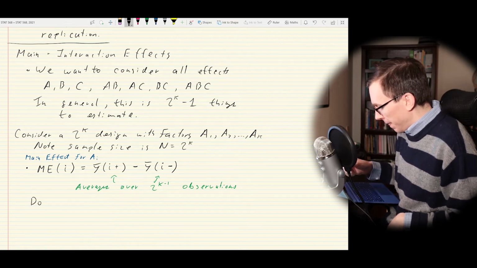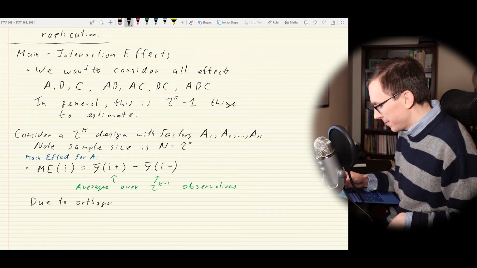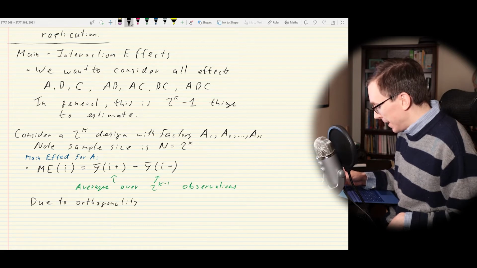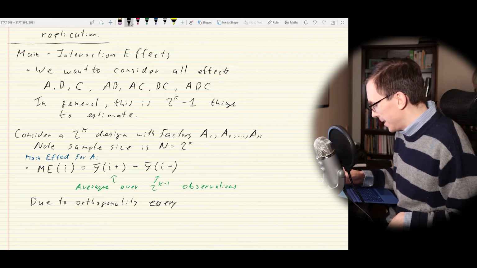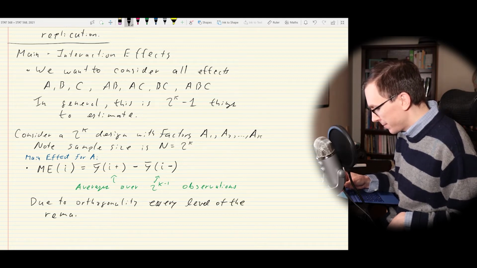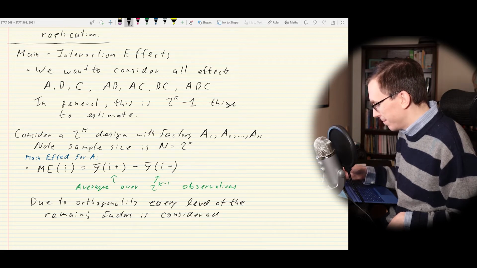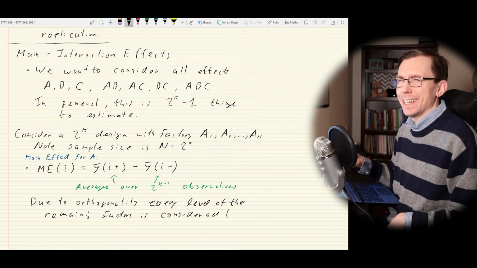So what I'll say is, due to orthogonality, every level of the remaining factors is considered. Maybe what I mean by considered is kind of a vague term, isn't it?